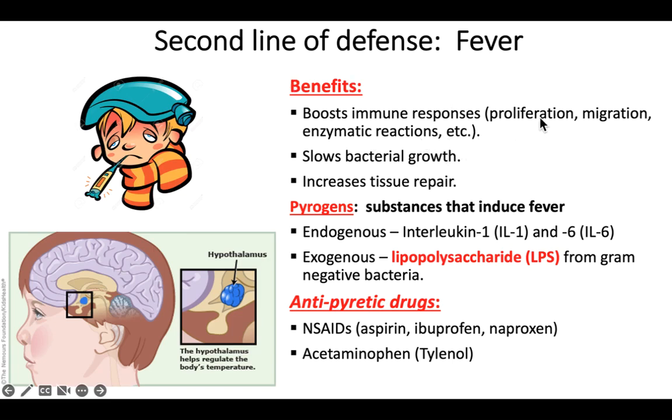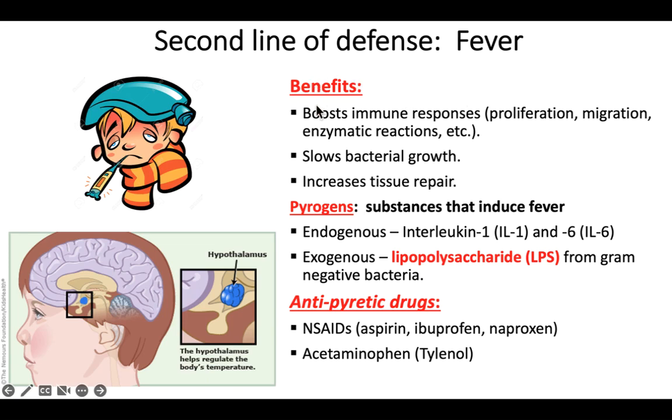We call that proliferation. And they replicate much faster when the temperature is a little higher. They have to migrate, so they have to be able to get to the infectious organism, and they do that better. So a little raise in temperature makes your immune system function even better. It also will slow bacterial growth, and it'll help increase tissue repair. So these are all the benefits of a fever.